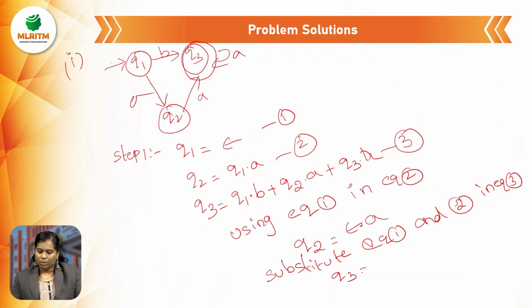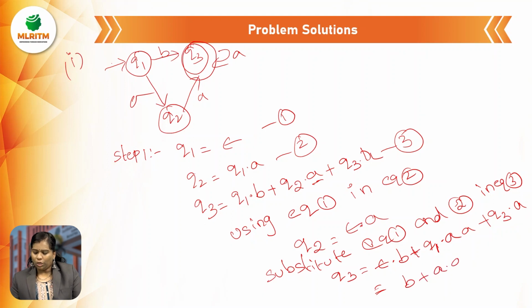Q3 is equal to epsilon dot B, because Q1 is epsilon, plus Q2, which is epsilon dot A, then A, plus Q3 dot A. So Q3 is equal to B plus A A, plus Q3 dot A.